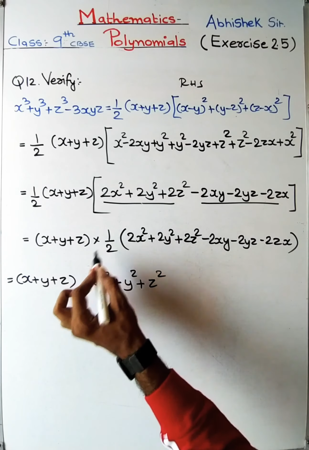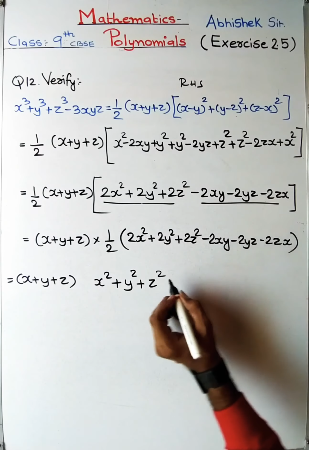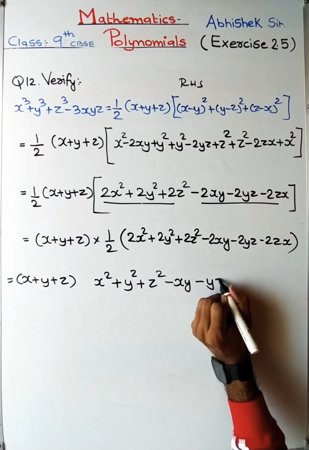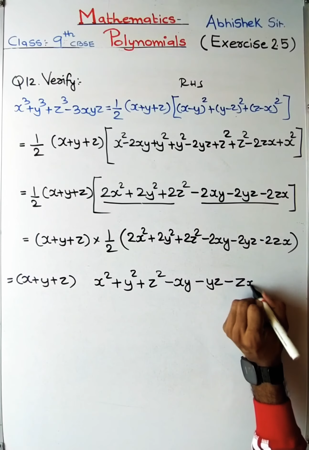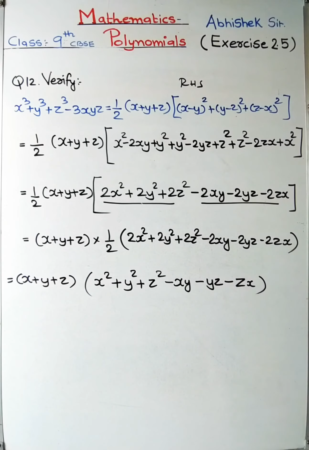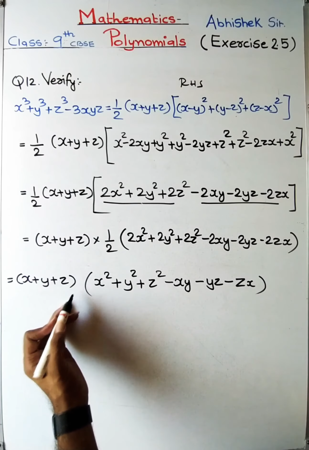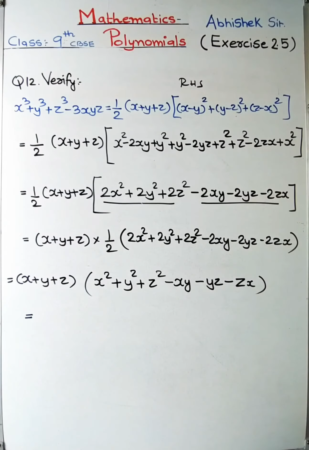Then minus into half of xy, so that is minus xy. Same way minus yz and minus zx. Clear? Now what we have to do, we have to multiply all the numbers one by one with x, then y, then z. So it will be a very big multiplication, yet ultimately we will get the answer.